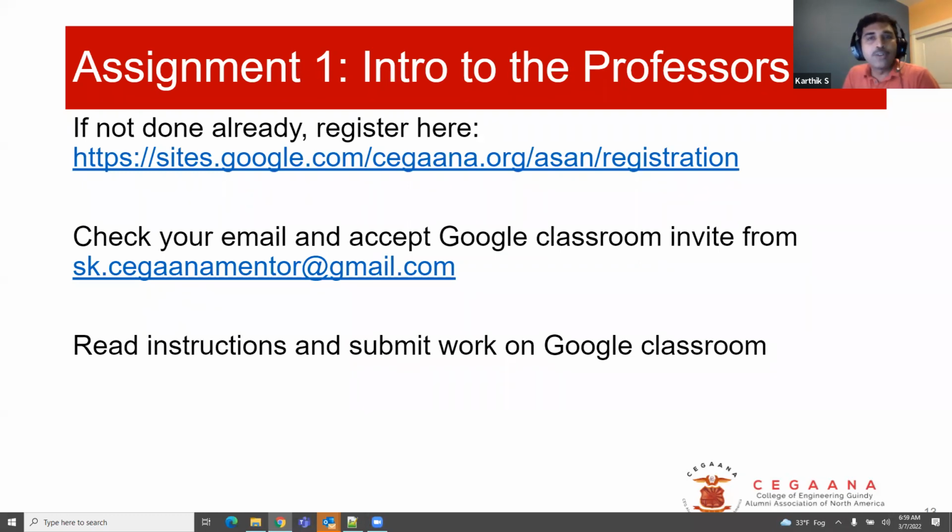Pick one or two professors, not more than two, whose work sounds interesting to you, and then spend more time going to their website and reading what their work is. Maybe read some of their publications, a review article or an introductory article, or look at some of the slides they have presented in conferences talking about what they've done.